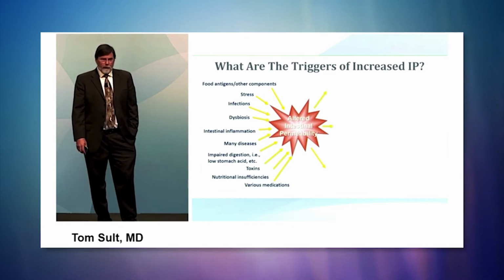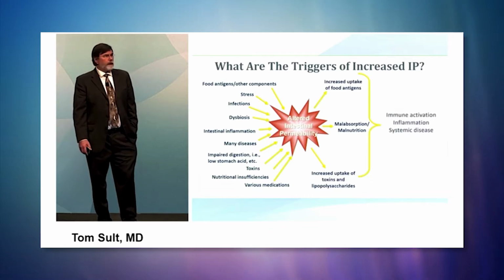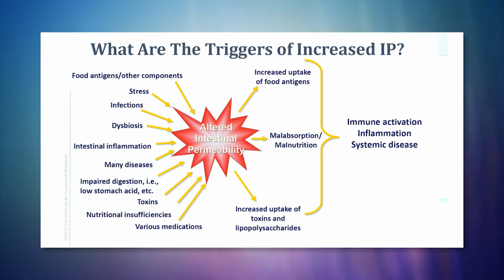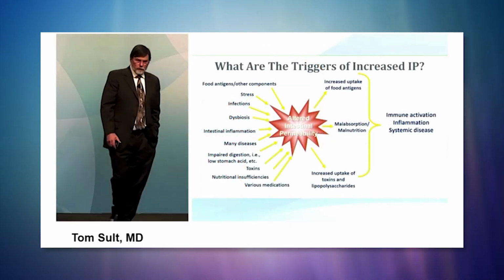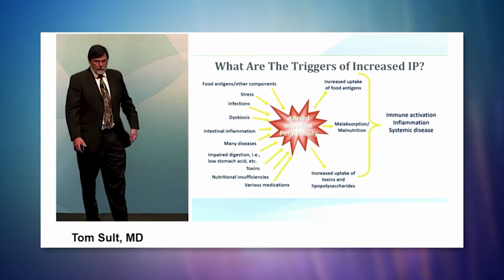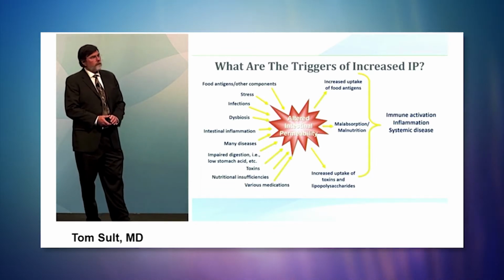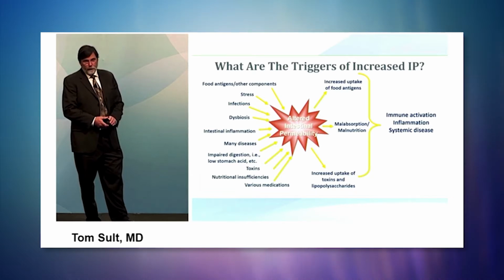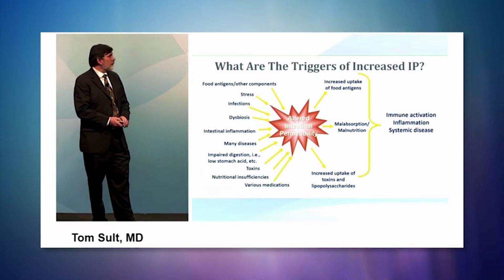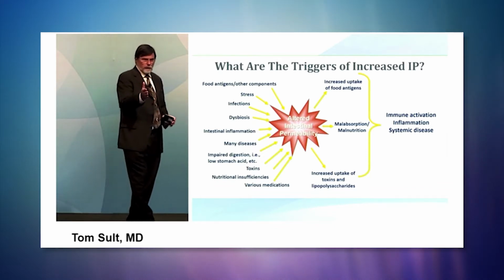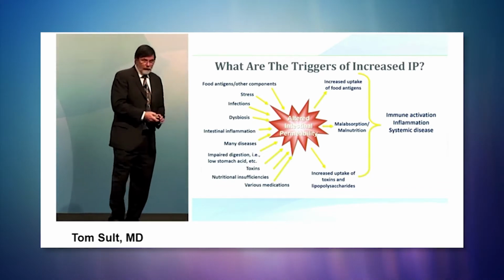And that can increase uptake of food antigens, and that can lead to the whole molecular mimicry deal that was talked about previously. It can lead to malabsorption, malnutrition. It can lead to increased intestinal uptake of toxins and lipopolysaccharides, and that can lead to immune activation, inflammation, and systemic disease. And so functional medicine is really trying to deal with everything on the left side of that bracket.